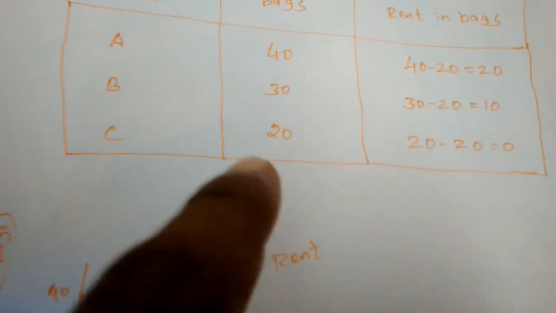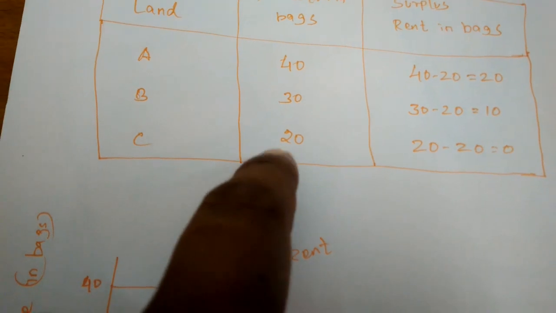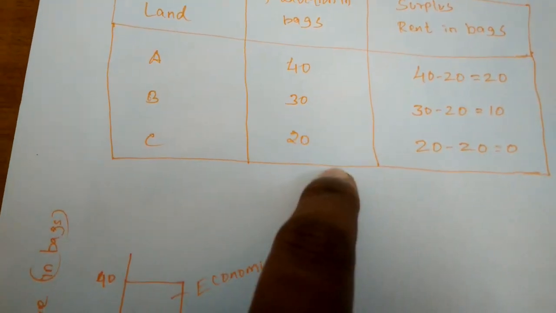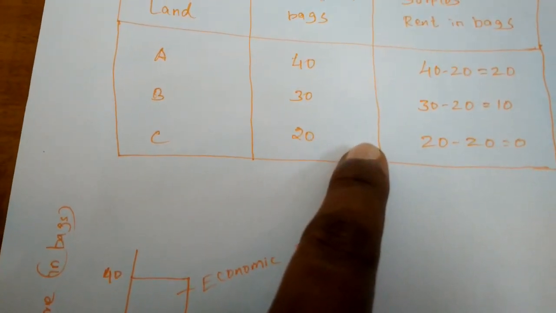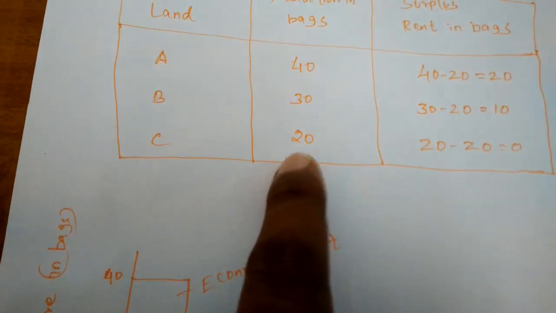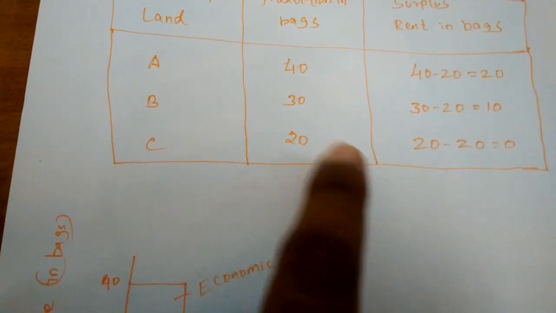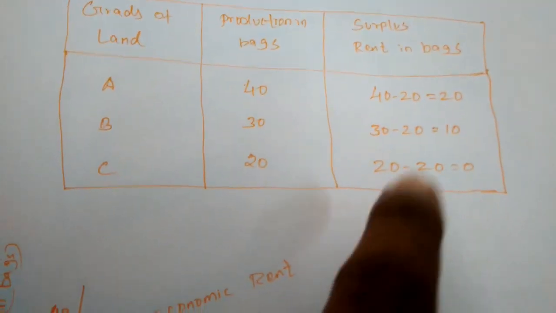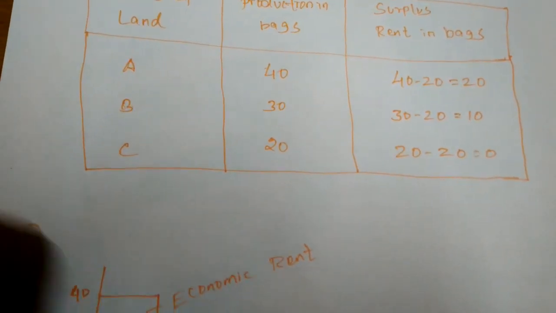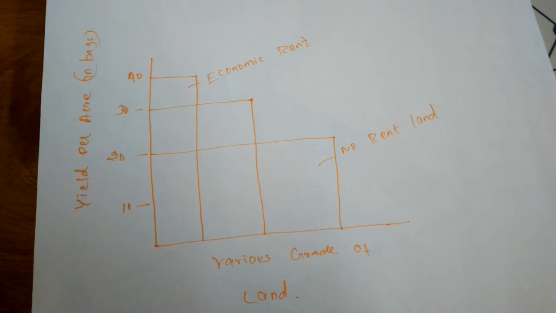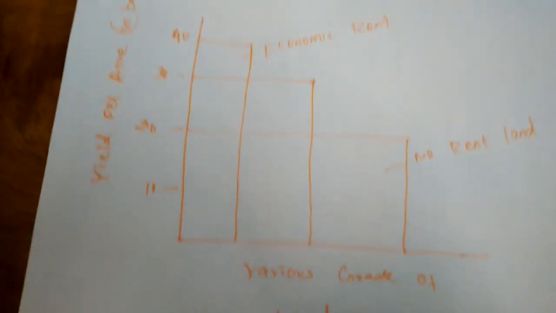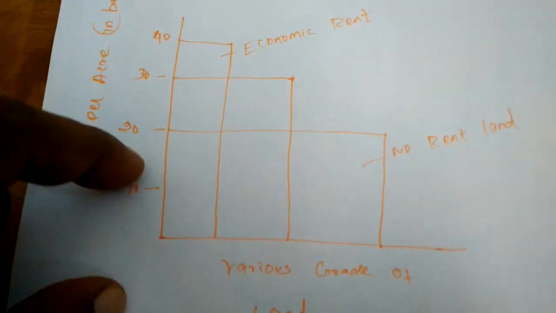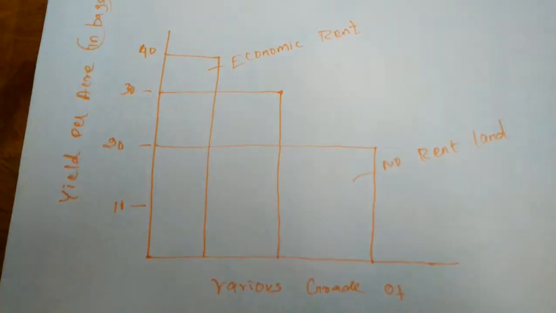The amount of money spent to cultivate the C grade land is equal to the yield from the land. The income earned from the C grade land is used only for that, so there is no rent. Explaining this diagrammatically, there are three grades of land: this is the A grade land, this is the B grade land, and this is the C grade land.